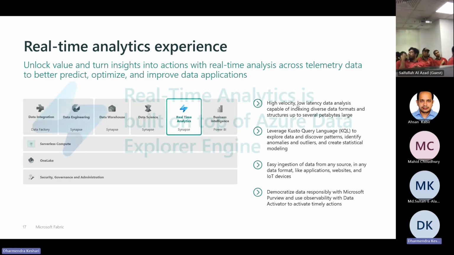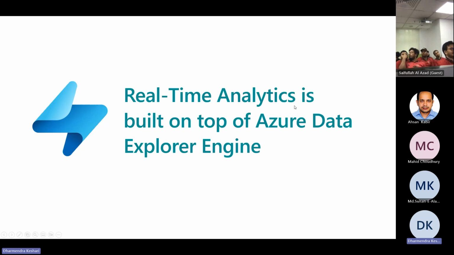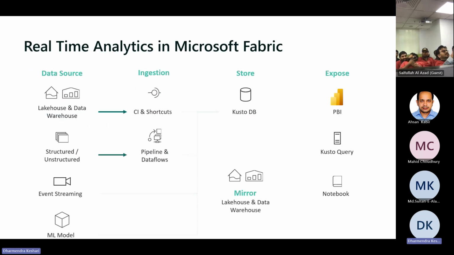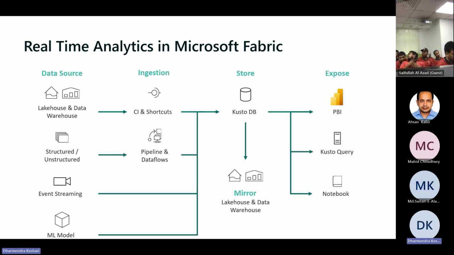Now, moving to the next slide, as I said earlier, real-time analytics is on top of the Azure Data Explorer engine, which is ADX. So let's look at how this Fabric real-time analytics works. We have data sources. Your data source in Fabric can be your lakehouse or data warehouse.